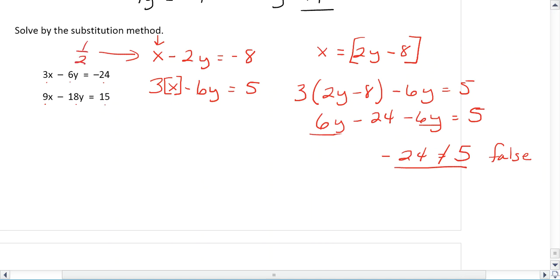So if I bring the 6y over and divide by 6, the slope of this line would also be 1/2. So what we have here is parallel lines, and there is no solution. They do not intersect. So just to repeat, when the algebra brings you to garbage, when this is false, they do not cross, there is no solution, they are parallel lines.